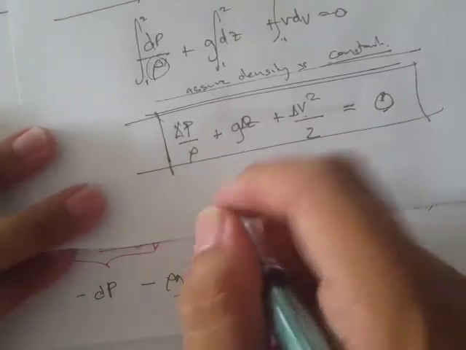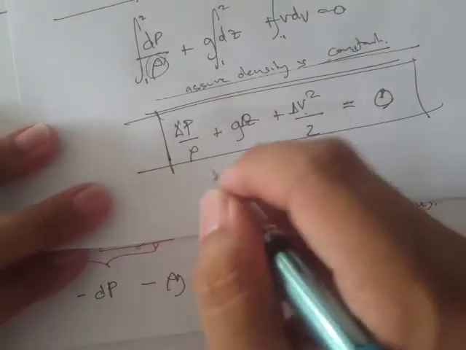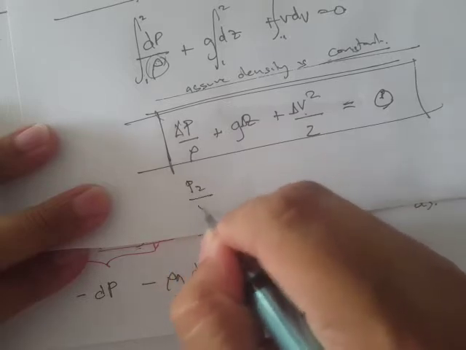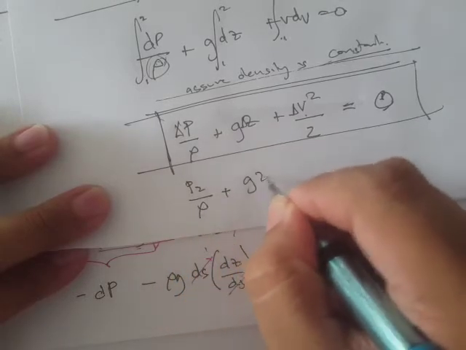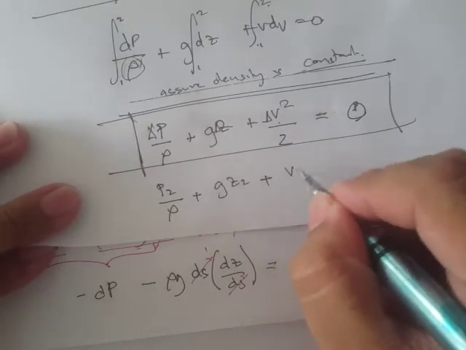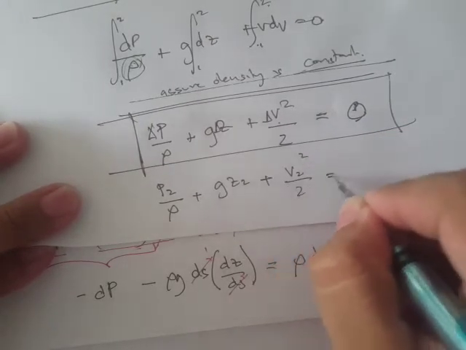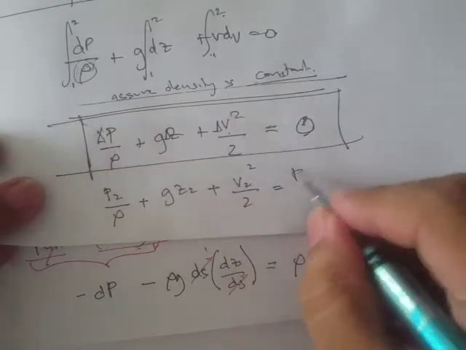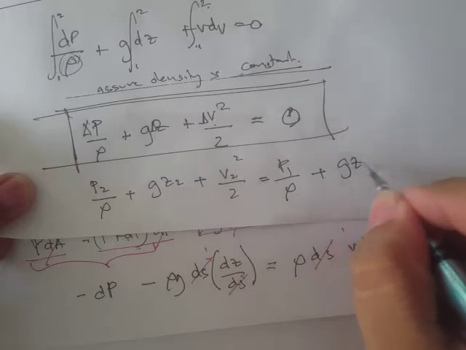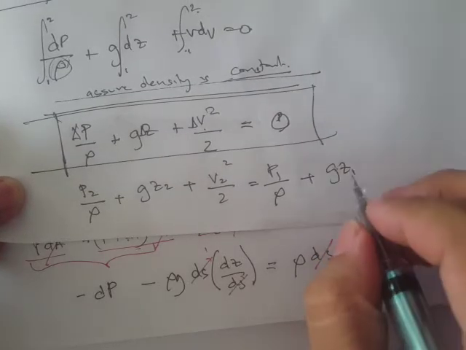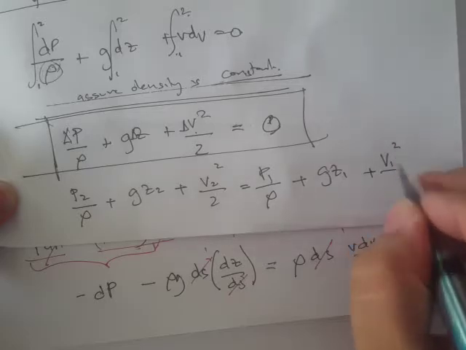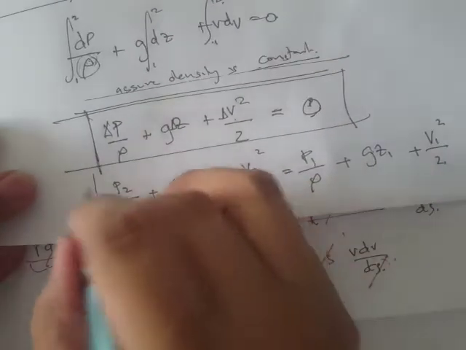So in other words, we can see here that P2 all over rho plus g Z2 plus the velocity at point 2 squared all over 2 is equal to the pressure at point 1 all over rho plus g times the elevation at point 1, and then plus the velocity at point 1 squared all over 2.